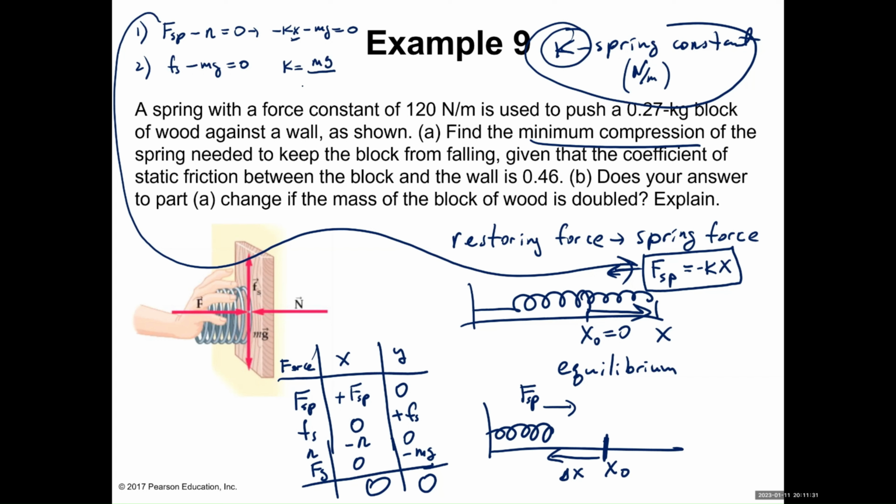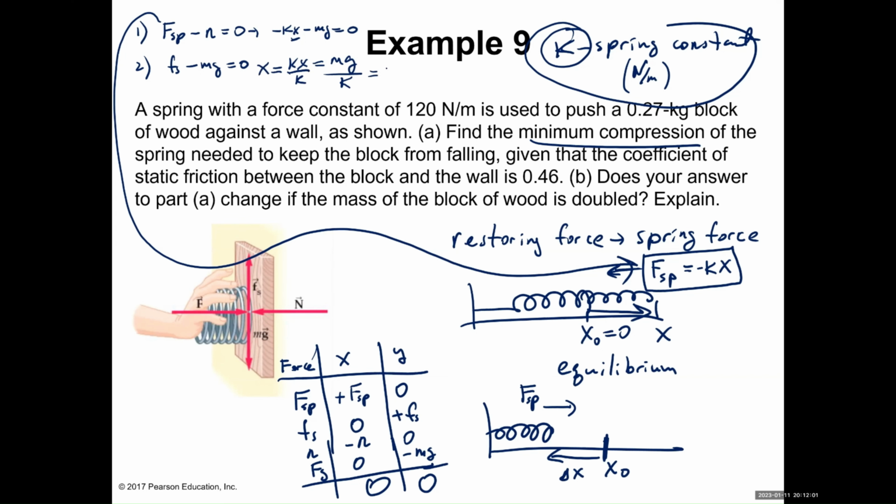Oh, sorry, we are solving for x, so I rearrange it. kx equals, in terms of magnitude, they're equal to one another. That means the spring force equals the gravitational force. Then I just divide both sides by k.